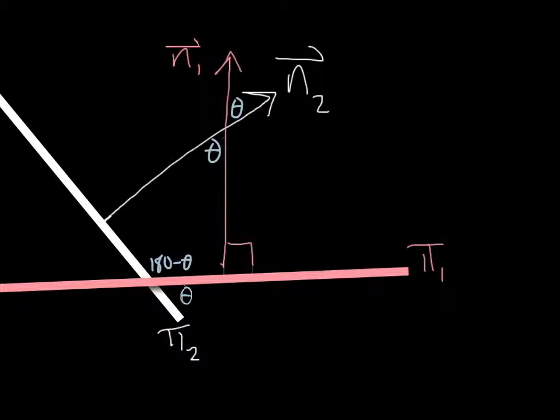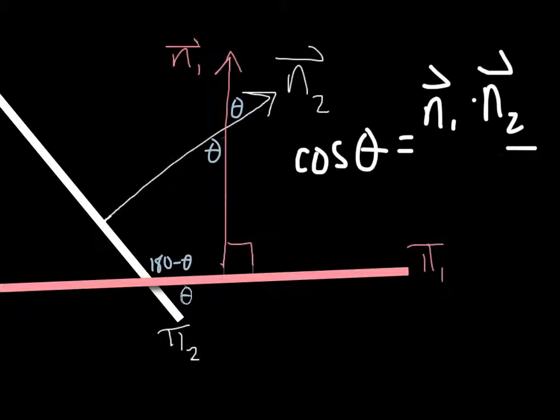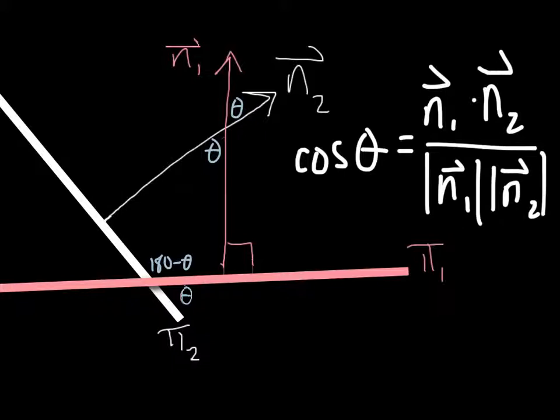We can take the cosine of theta being equal to n1 dot n2, divided by the magnitude of n1 times the magnitude of n2. And just like in the previous video, we always want the acute angle. So to take care of that, we are simply going to take the absolute value here, giving us a first quadrant acute angle. And there we go.